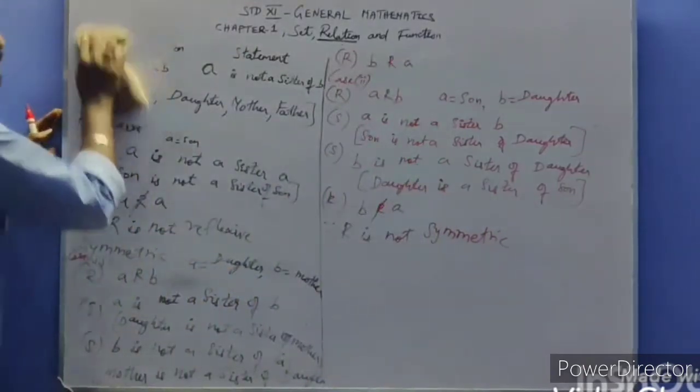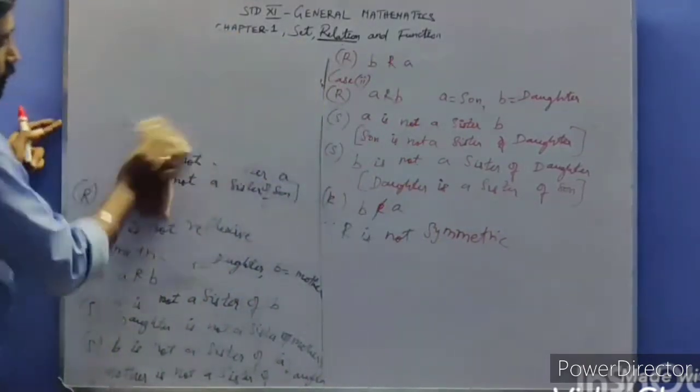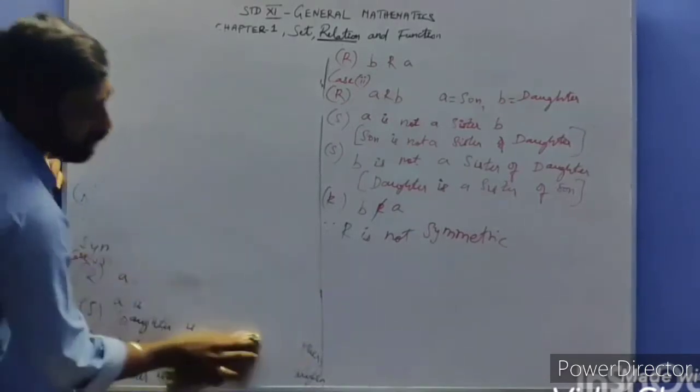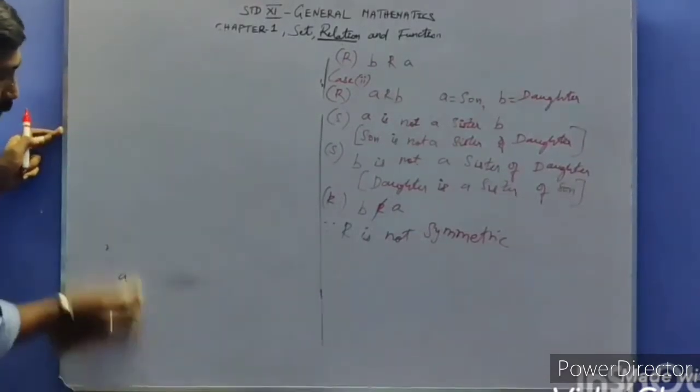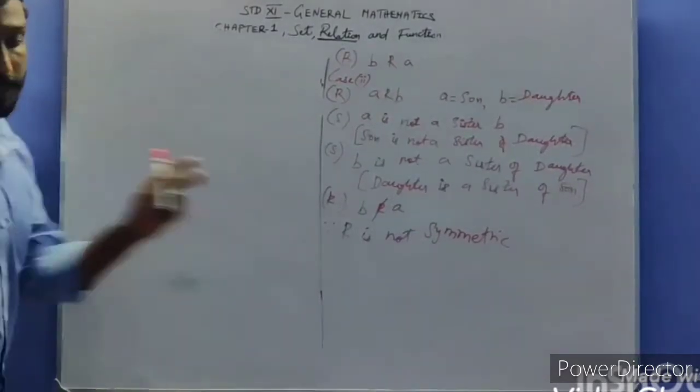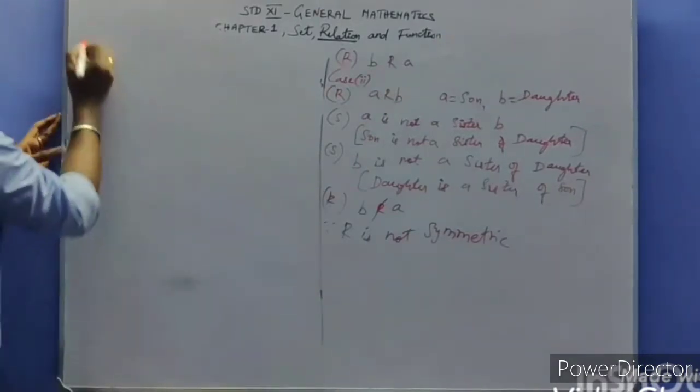Then we see the transitive. In this type of question we use case 1 and case 2 for clarification. Next sum, we have to find out the transitive.